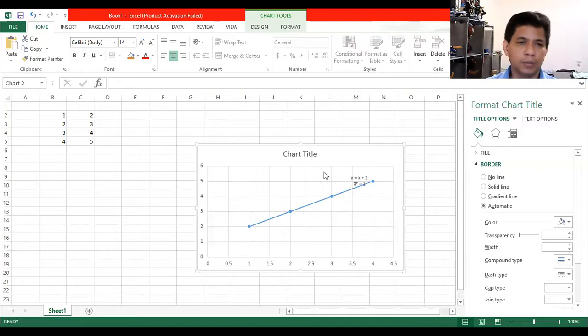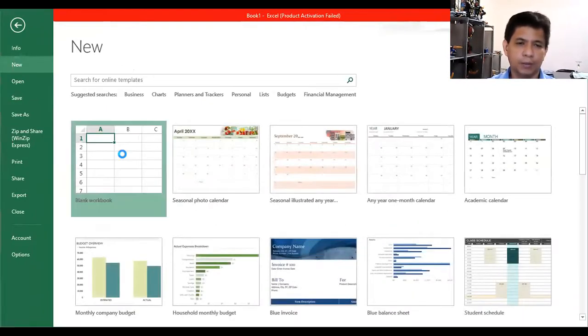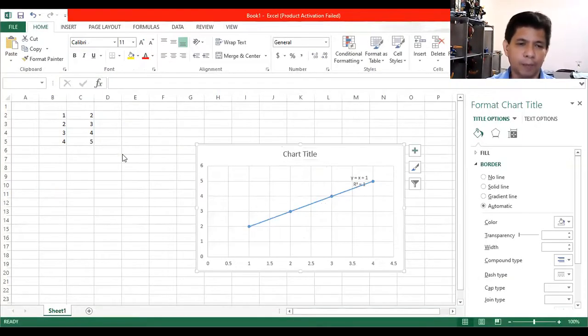Okay. So basically, I'm going to clear this up and have a new cell. Open lang kayo ng new file. Tapos, halimbawa, this is the molality: 1, 2, 3, 4.